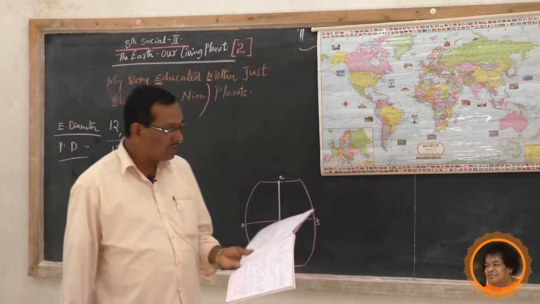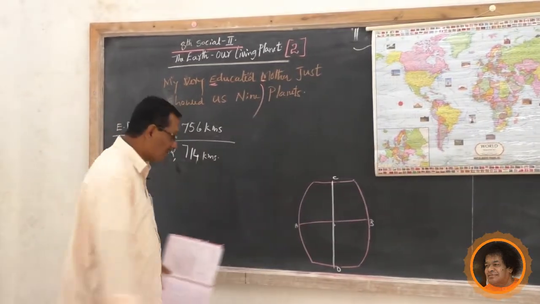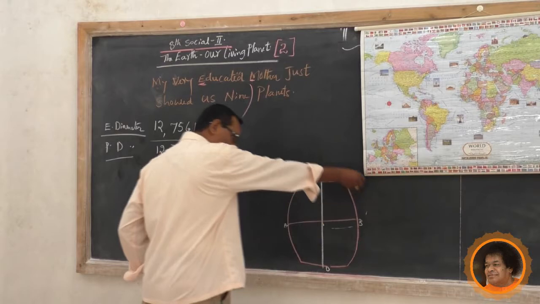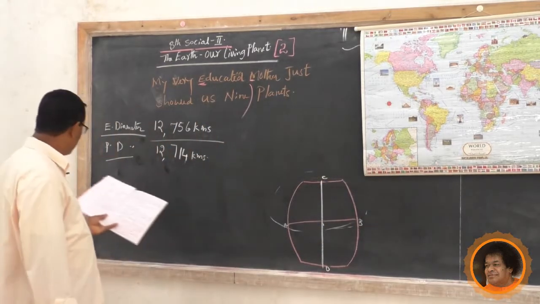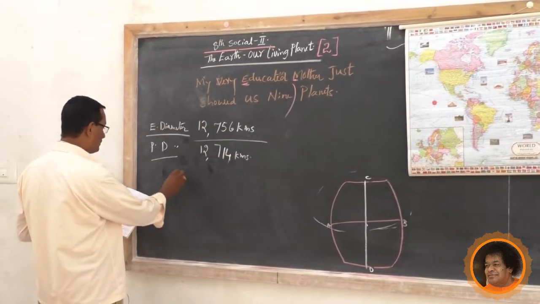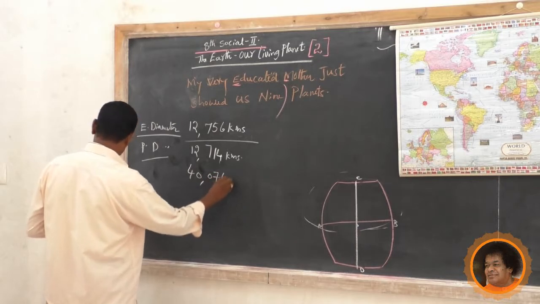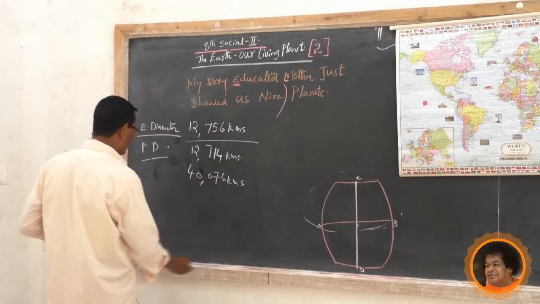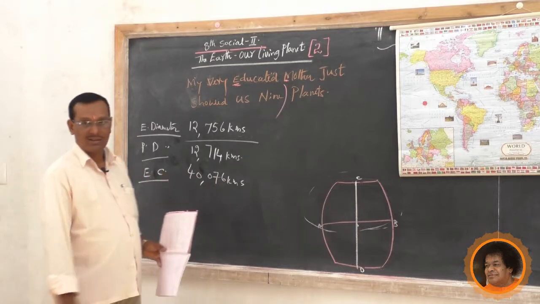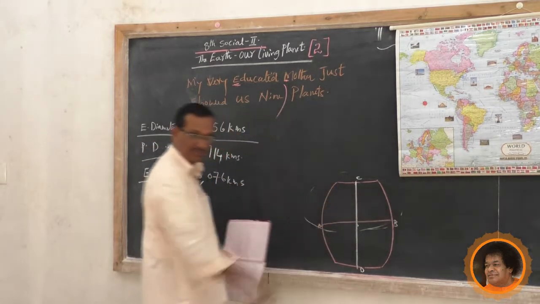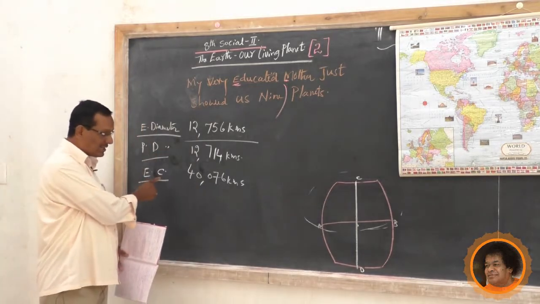Now the equatorial circumference. Equatorial circumference means one round. Equatorial circumference is 40,076 kilometers. That is in Kannada.